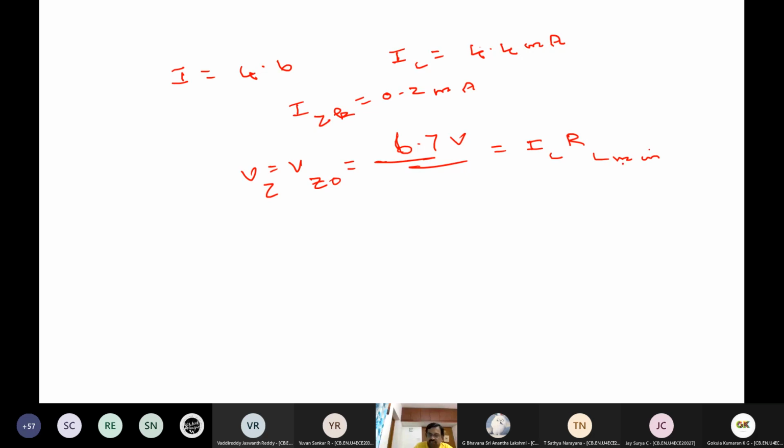If I use a larger value of resistance, I am going to have a lower current than this. So minimum value, maximum current possible is 4.4. So RL minimum is going to be 6.7 divided by 4.4. That is equivalent to, this is almost 3 by 2.